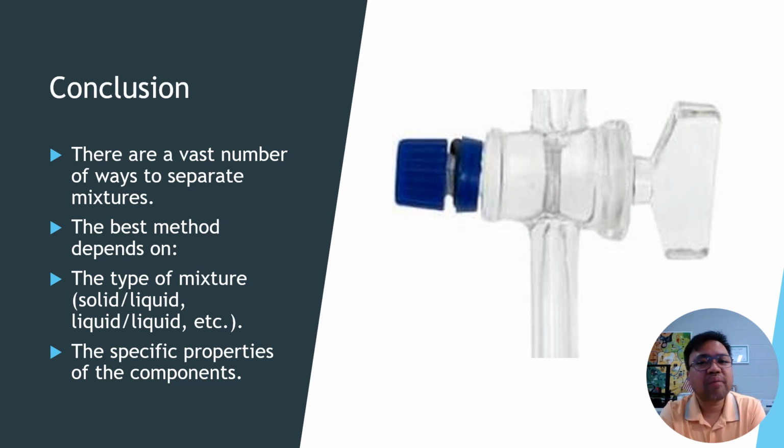Each method, from magnetic separation to centrifugation and decanting, offers a unique lens through which we can explore materials, showcasing the diversity and innovation at the heart of scientific inquiry.